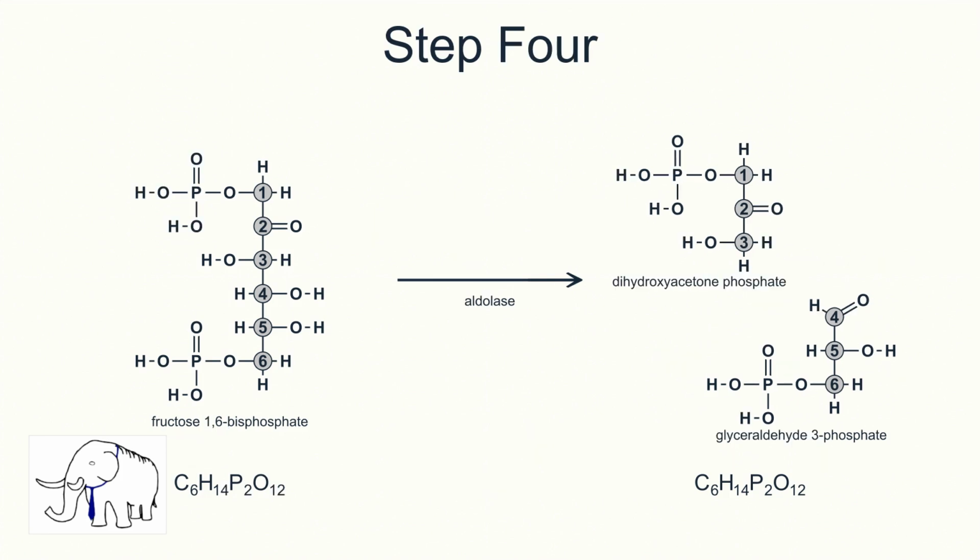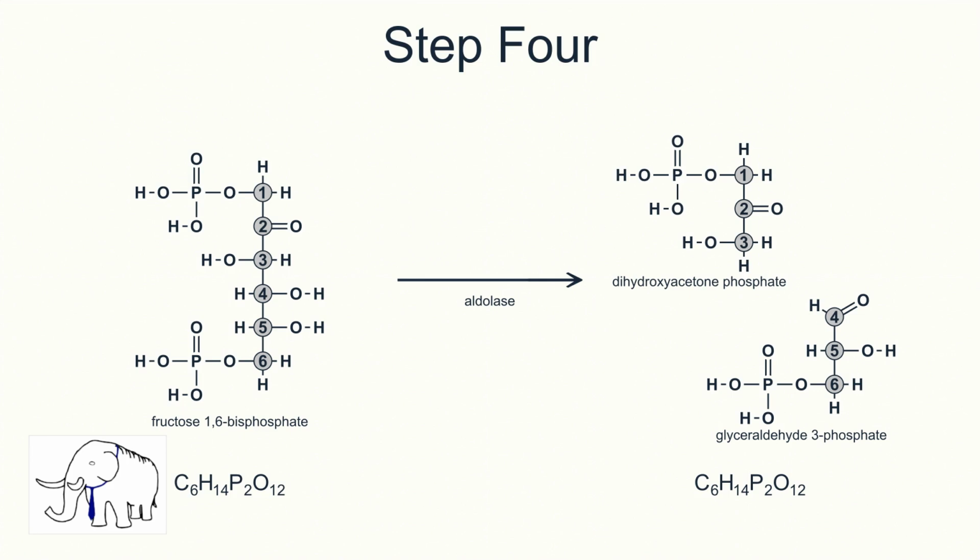Step 4. It's chopping time. The enzyme fructose bisphosphate aldolase, which is often called just plain old aldolase, cuts fructose 1,6-bisphosphate between the number 3 carbon and the number 4 carbon. The hydroxyl group that was on the number 4 carbon becomes an aldehyde group, and the leftover hydrogen atom bonds to the number 3 carbon so that the number 3 carbon has 4 bonds again.